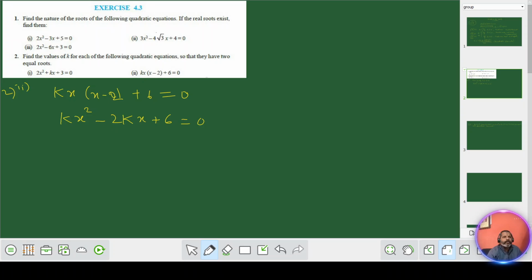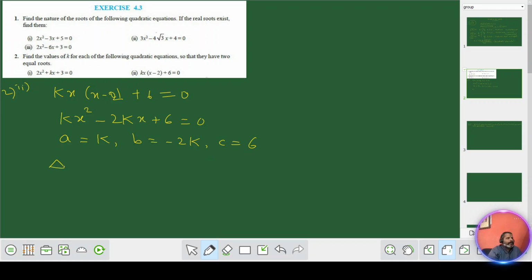This is in the form ax² + bx + c. On comparing, we get a = k, b = −2k, c = 6. When you extract the values of a, b, c, leave x², write everything behind x² as a, everything behind x, that particular term, as b, and c is the constant, 6, plus.